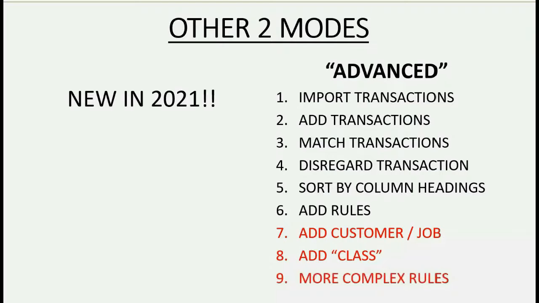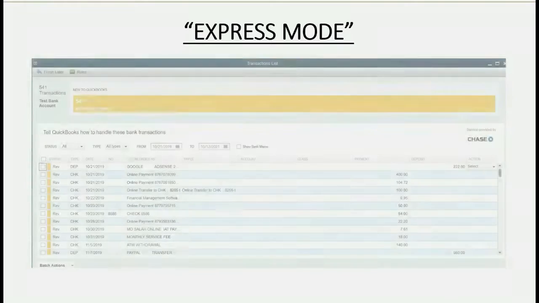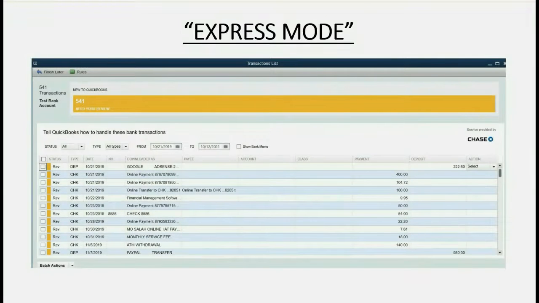And you can make more complex rules than you made in Express Mode, and you could actually search for transactions within the review list if you're in Advanced Mode. Now, Express Mode is the way that it looked for well over a decade, and it was the only mode available.